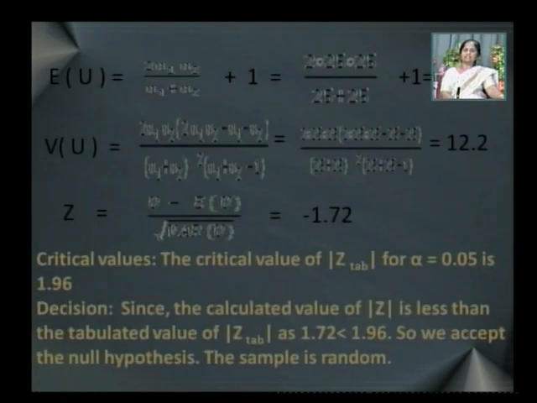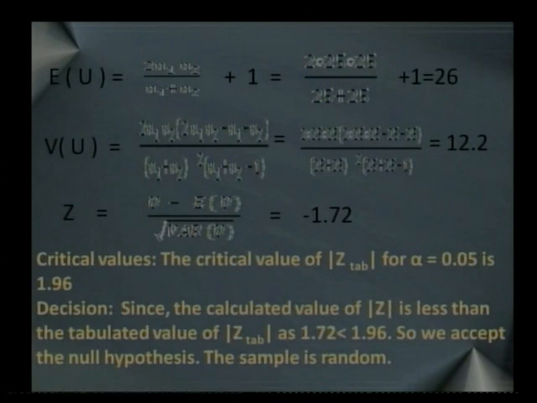We calculate it by applying the formulas for expectation of U and variance of U, and hence we calculate the value of Z, and Z will be minus 1.72. The tabulated value of Z is 1.96 for the 5% level.